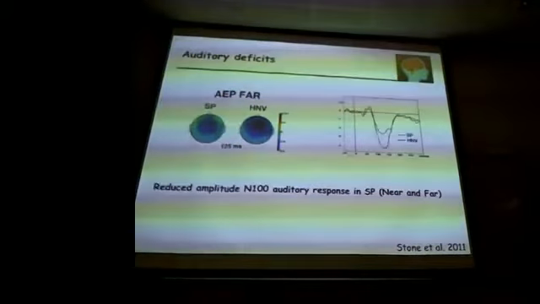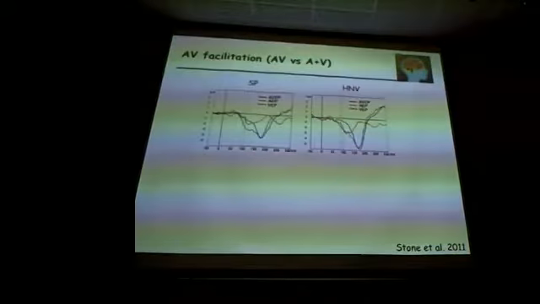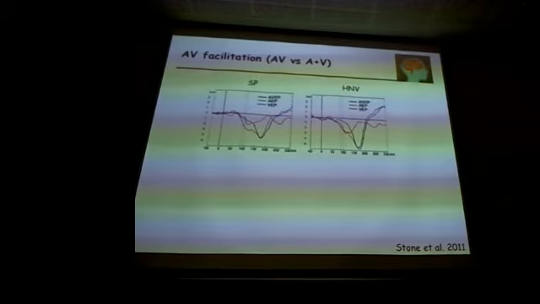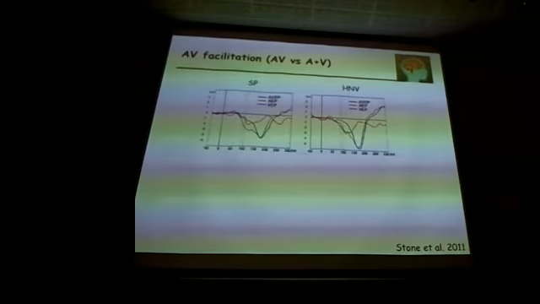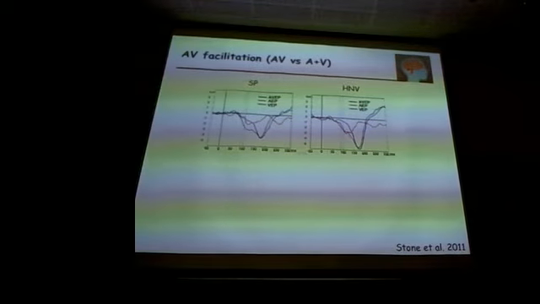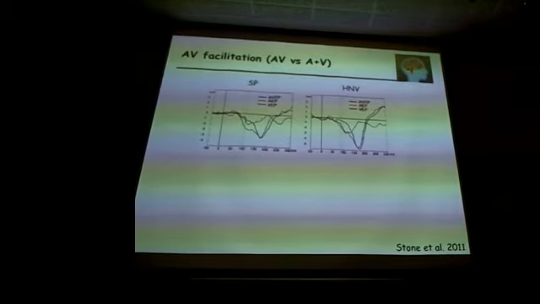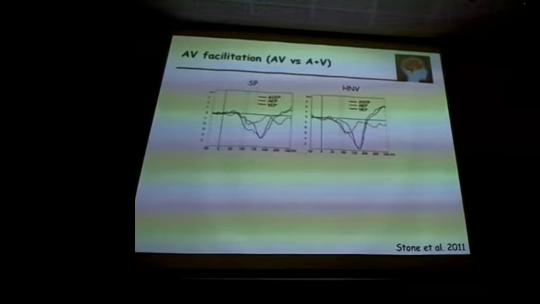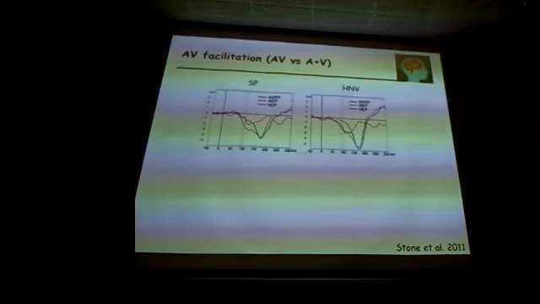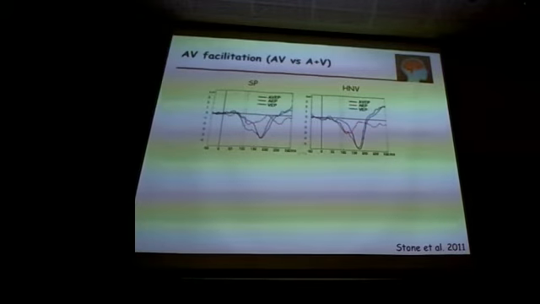We found a similar, I'm going to skip over that, a similar enhancement. This is an EEG study that we did first with the EEG response. So now the multisensory response is this black line still, and the auditory and visual responses.